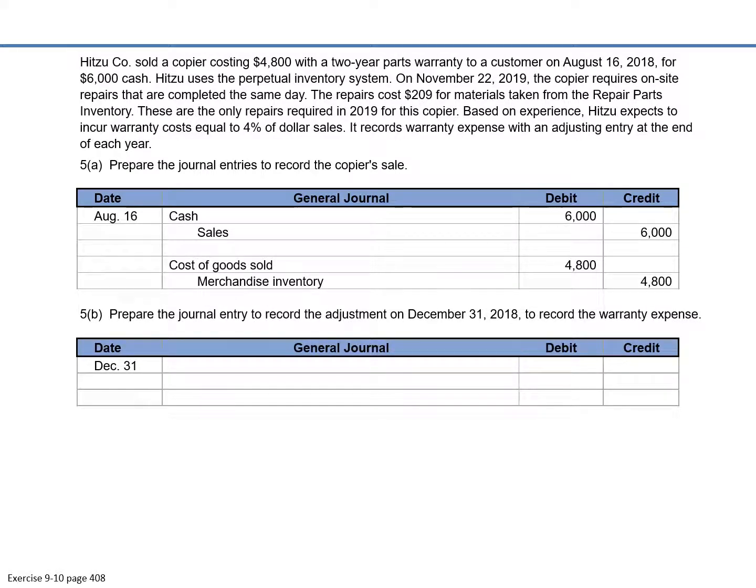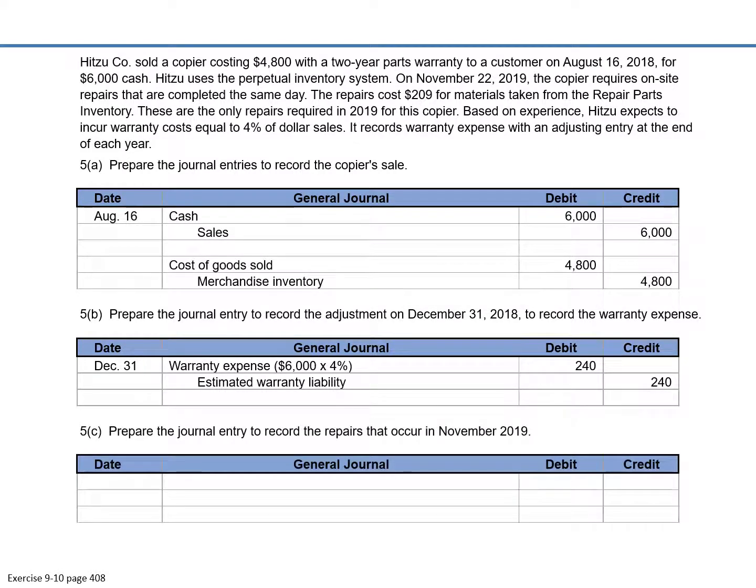Then they want us to prepare the journal entry to record the adjustment on December 31st for the warranty expense. So we looked at that in T account form in the previous slide. So we're going to record warranty expense equal to 4% of the sale, which is $240. We're going to record estimated warranty liability for $240. Okay.